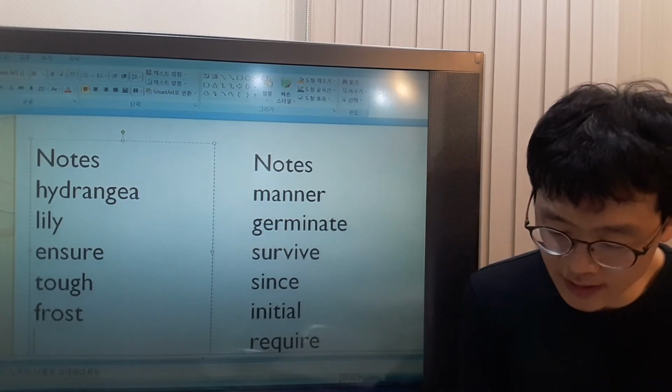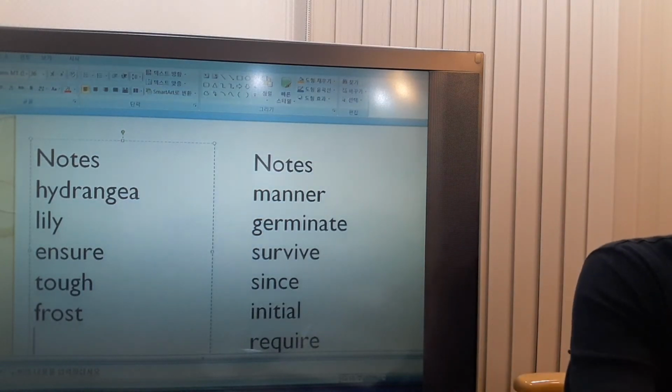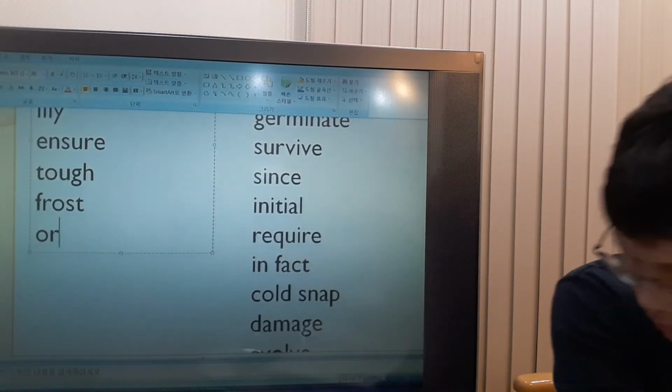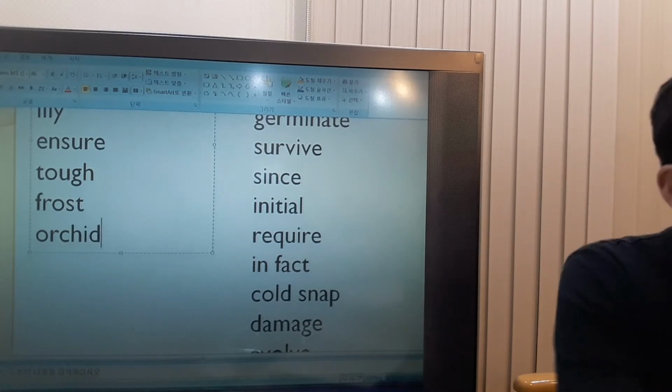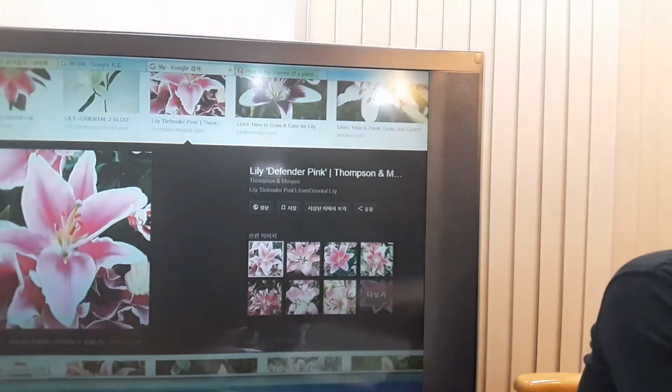Also, there are plants such as orchids which grow in tropical climates. Orchids. Let me give you a picture of an orchid.